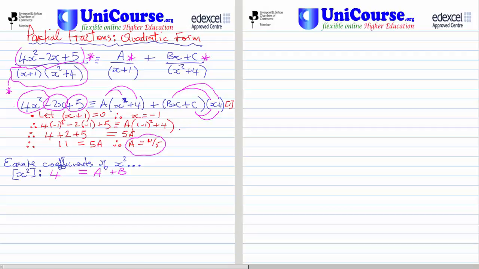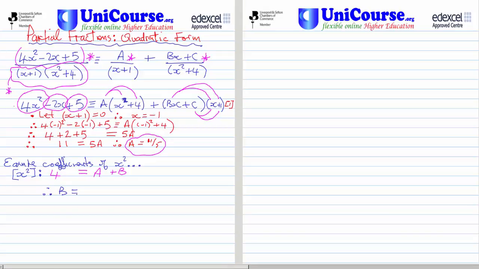So again, nothing to do with the x squared family. So what we've managed to find out here is that 4 equals a plus b. But just above here we've already determined a was 11 over 5, so we should be able to determine what b is.